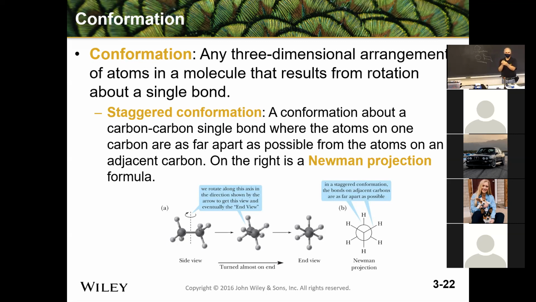When they're all lined up like this, what's that called? Eclipsed, right. This is the highest energy. You have what is called torsional strain. I don't have hydrogens shown here, but let's get a couple of hydrogens.